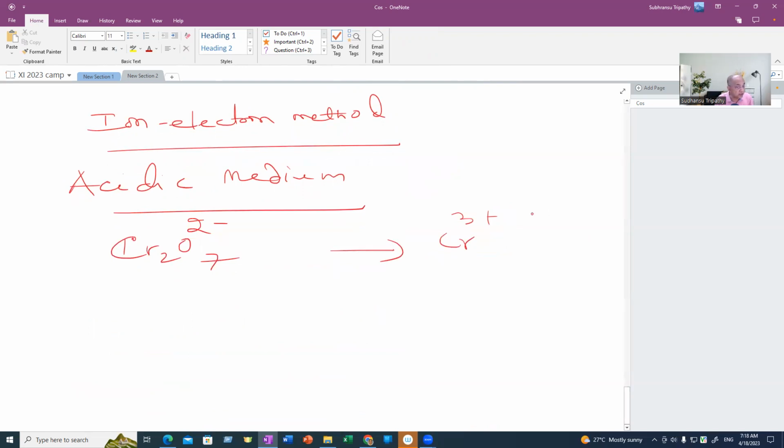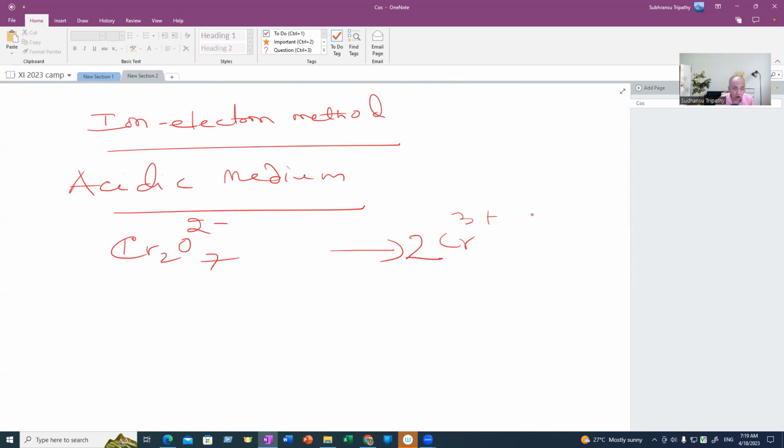Now this is the first step. The first rule says you equalize the atoms other than oxygen and hydrogen. Balance the other elements with proper coefficients on both sides. So what do I have to do? Sir, multiply chromium on the right side by 2, so that chromium becomes 2.